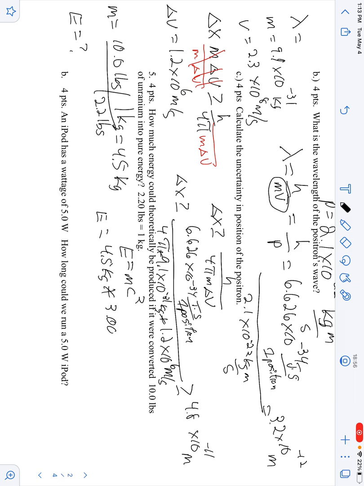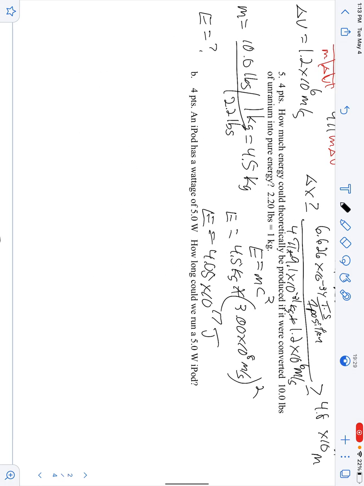And then that much energy, and it's in joules, okay?